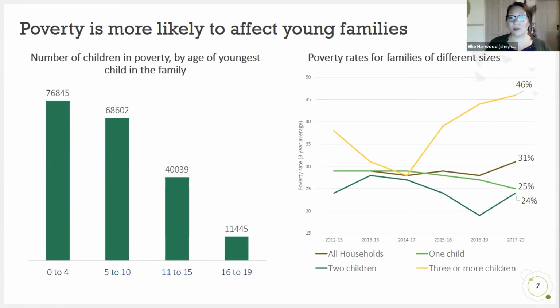And in almost all advanced economies, it's completely normal for the government to support households with the costs of raising children, because children are lovely, but they're incredibly expensive. So the Child Poverty Action Group produce a minimum income standard for children every year, looking at the kind of things that you need to spend money on in order to give your child an acceptable standard of living as they're growing up. And it adds up to a lot.